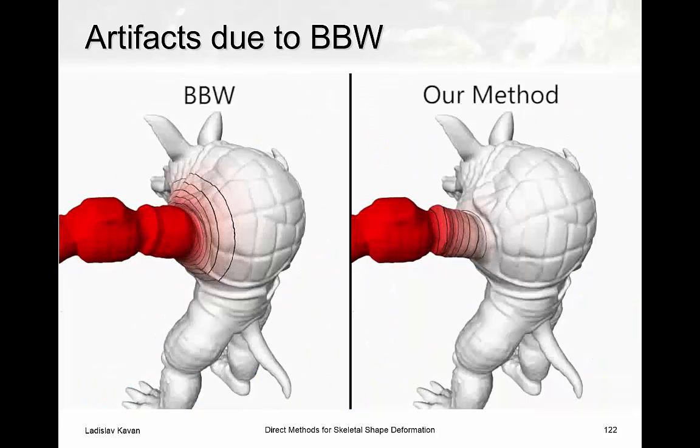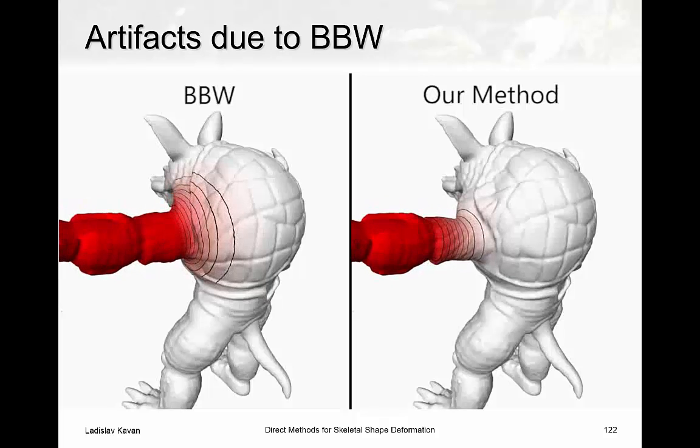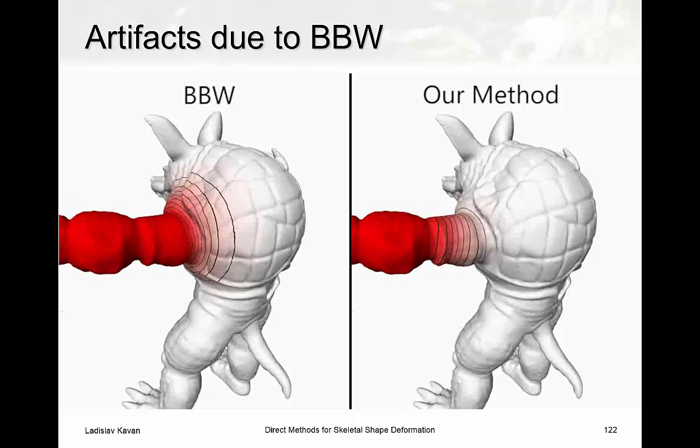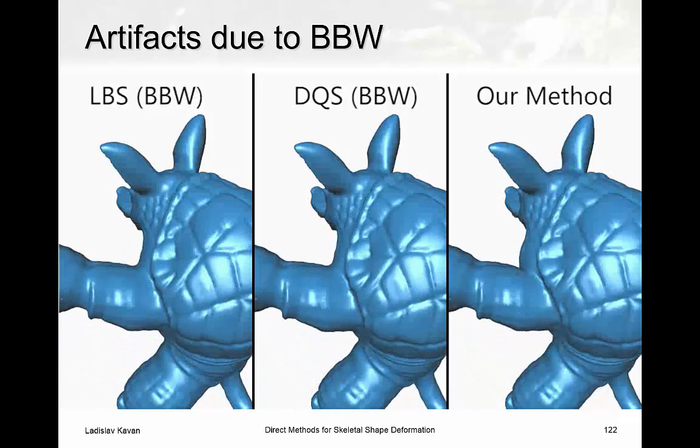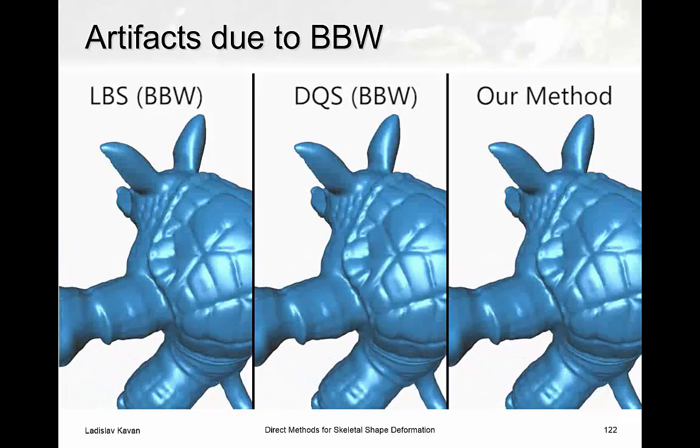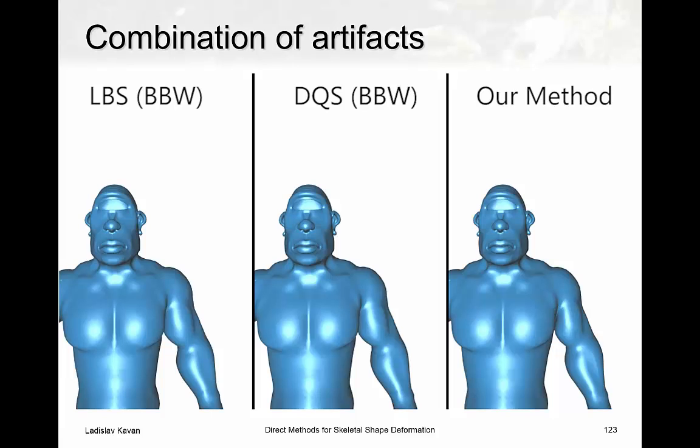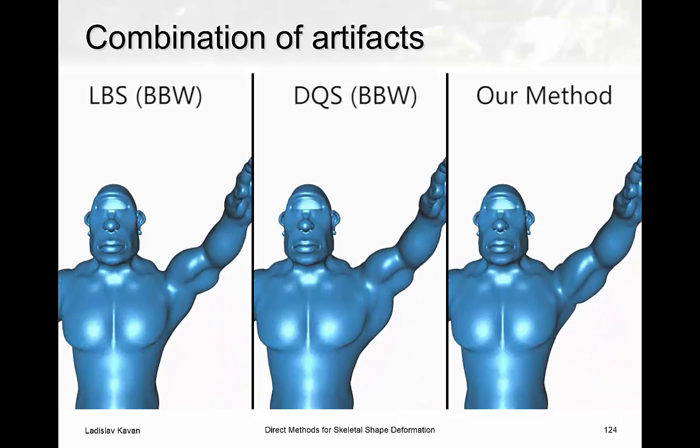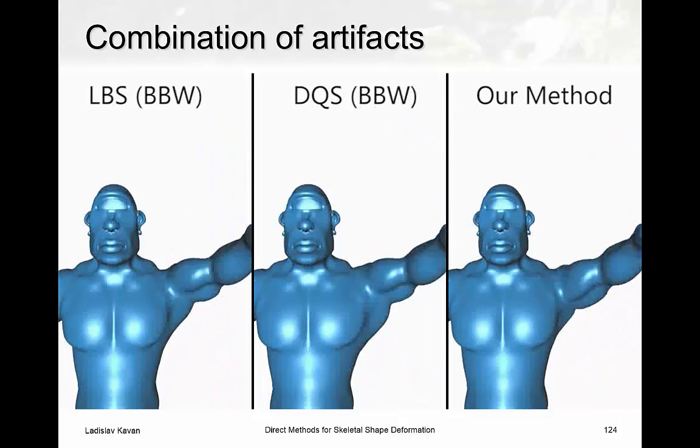They just look at, in a simplified way, heat diffusion. And then they end up controlling sometimes too large a part of a mesh. And of course, the artifacts can be combined, right? Like here, the bulging behavior of dual quaternions is exacerbated by the overly generous spread of bounded biharmonic weights, if that makes sense.